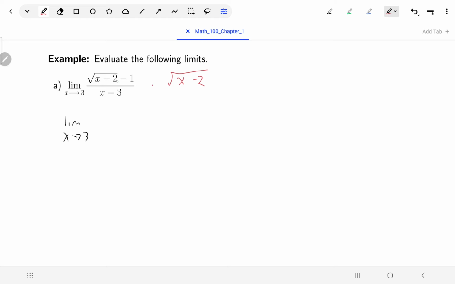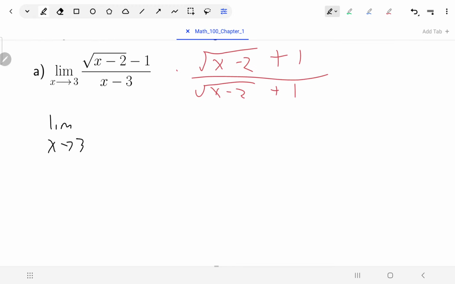So since the top was root of x minus 2 minus 1, then I'm going to multiply top and bottom by root of x minus 2 plus 1. And I'm just going to leave the denominator as it is. I'm just going to keep it as x minus 3 times root of x minus 2 plus 1. I'm not going to bother to expand that, not unless I know that I have to.